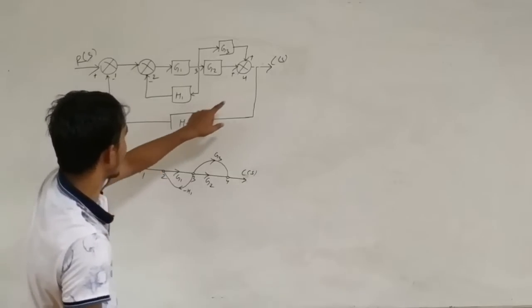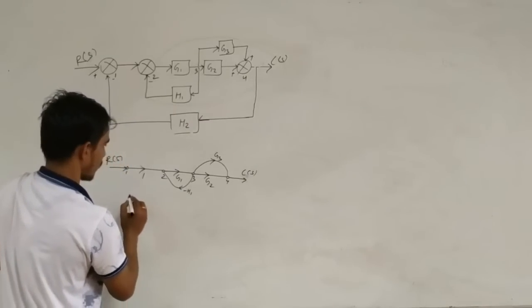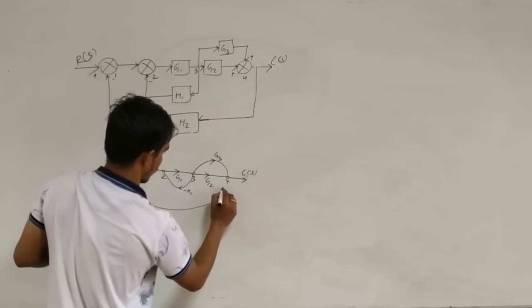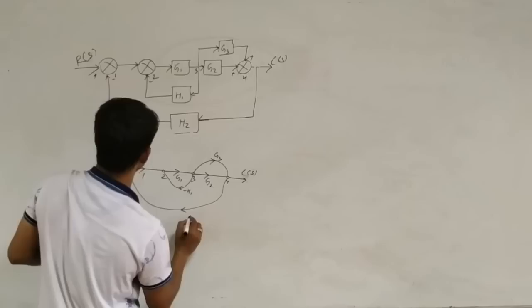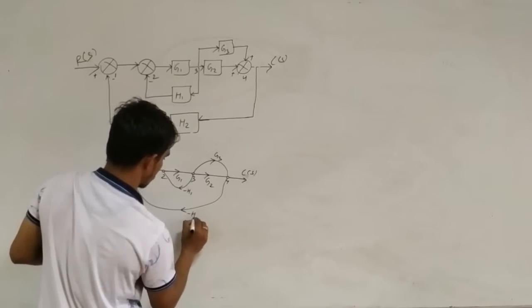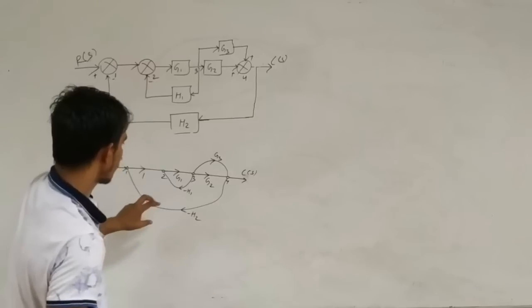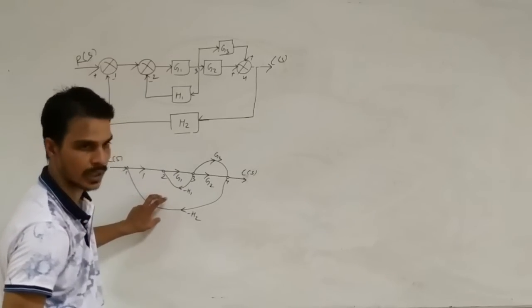And another feedback is there from node 4 to node 1, which is minus H2. Now we have converted this block diagram to this signal flow graph.